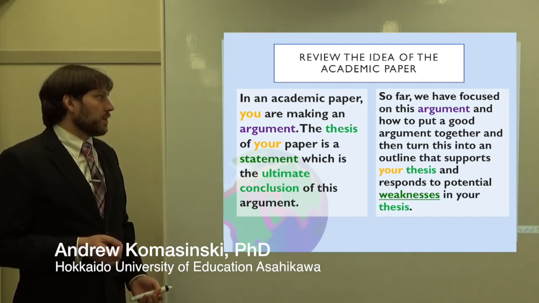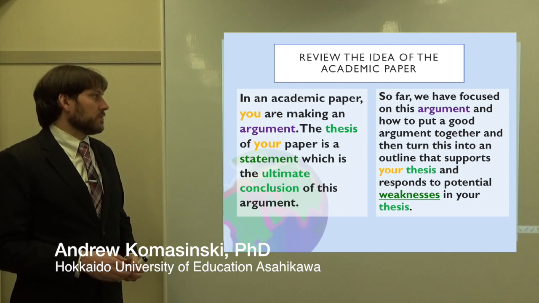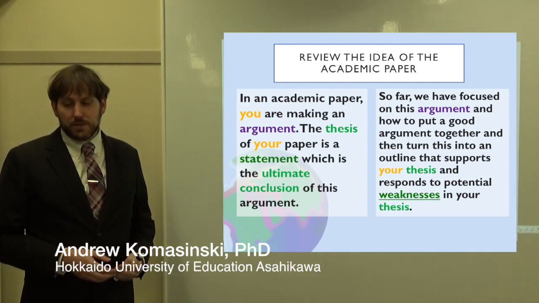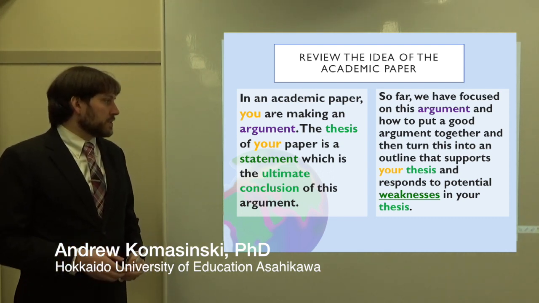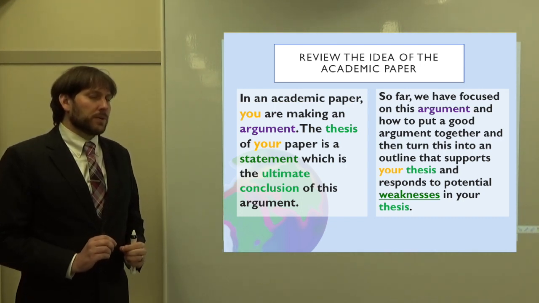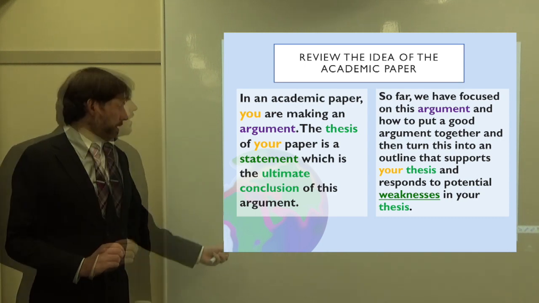So far, we've focused on the argument aspect of this and how to put together a good argument, also how to turn it into an outline that supports your thesis and responds to potential weaknesses in your thesis. This week, we want to look at the same thing, but with a little bit of a different focus.